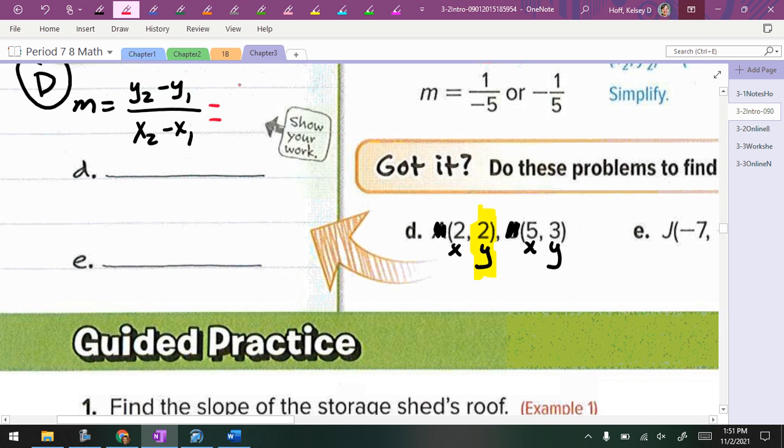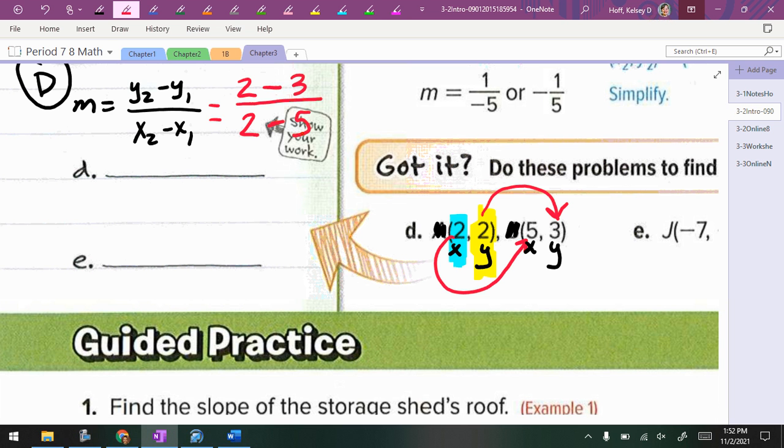So I'm going to take 2 minus, what's my other Y value? 3, divided by, because I started with that Y value, I have to stay in that point and start with that X value. 2 minus, what's my other X value? 5. I'm always subtracting. Y on top, X on bottom.